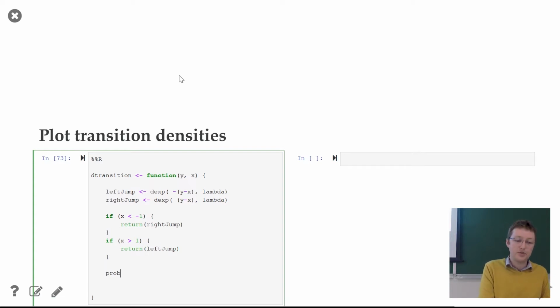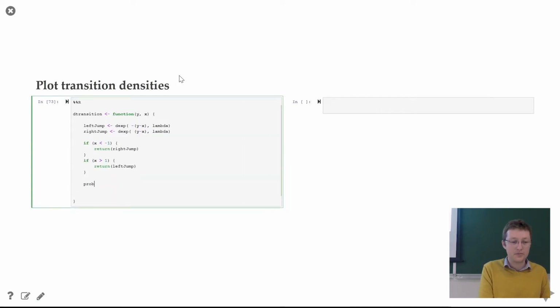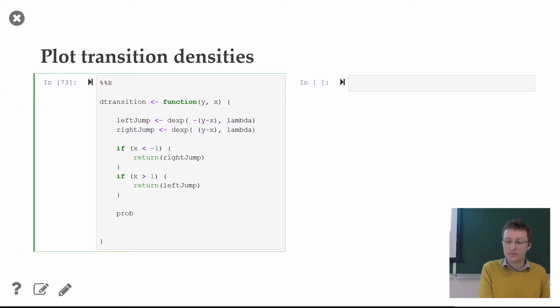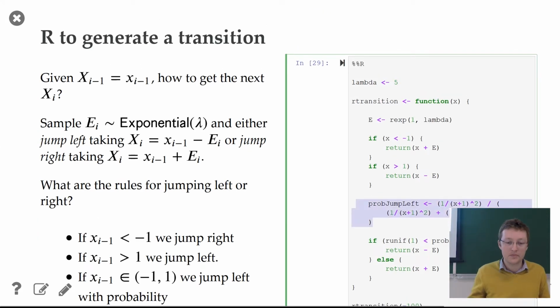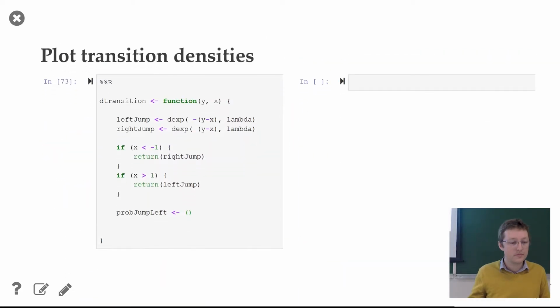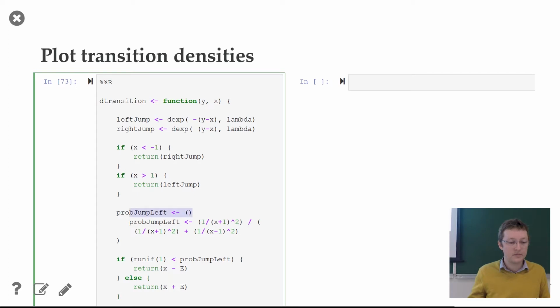Otherwise, I'm doing some random thing: jumping left with the probability I'll copy from the previous page.